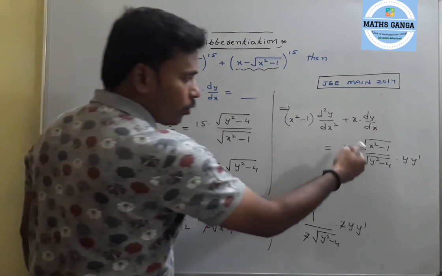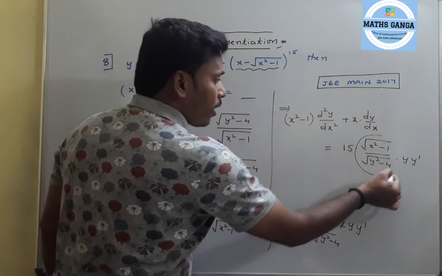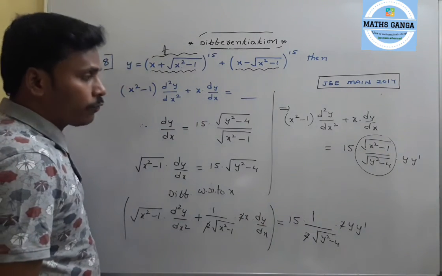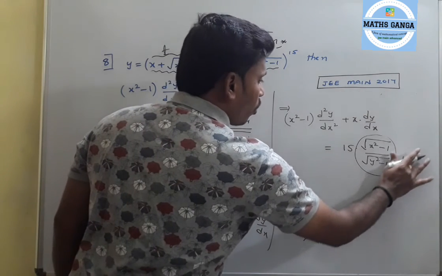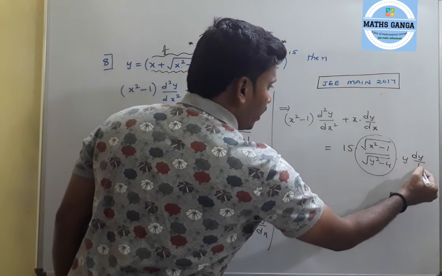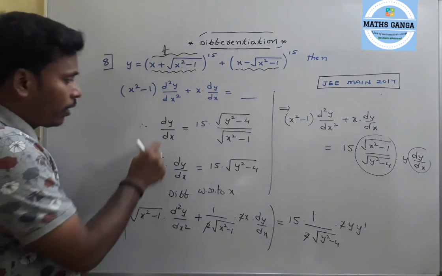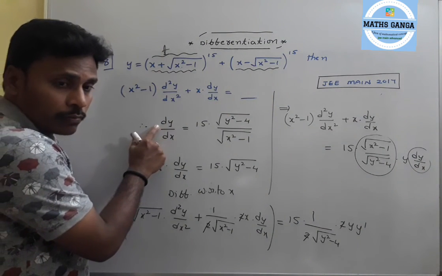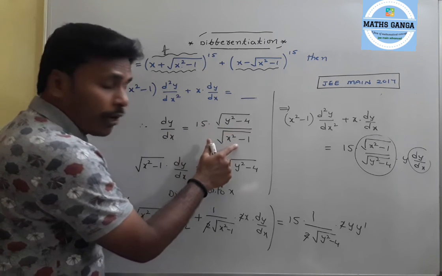Okay, so this is equal to, we have this, right? And now just observe this root x square minus 1 by root y square minus 4. Okay, and here we have y dash. Y dash is nothing but what? Dy by dx, right? Just combine these two, observe it. Dy by dx is equal to 15 into root y square minus 4 by root x square minus 1.